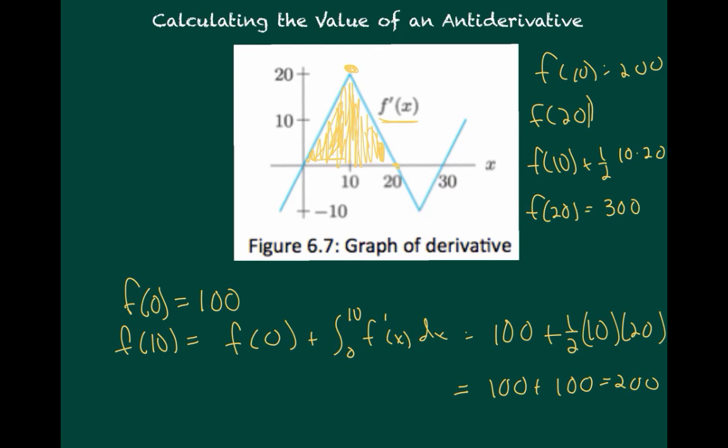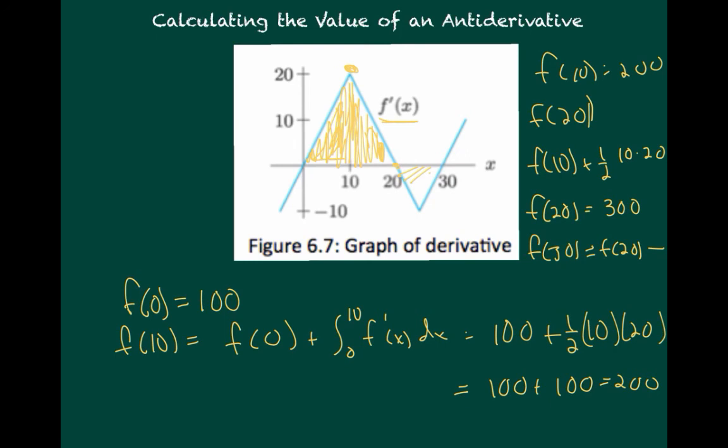So if we were to calculate f of 30, that would equal f of 20 minus the area of this triangle, because you recall that areas below the x-axis are negatively signed.